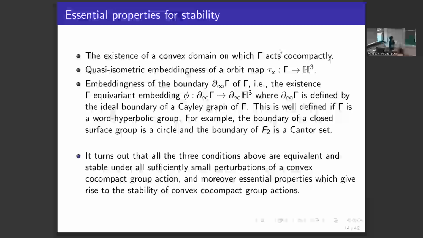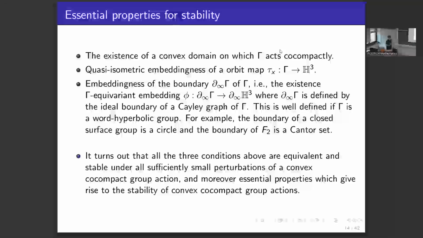The third is the embedding of the boundary of the word hyperbolic group gamma. So what is the embedding of the boundary? If you have a word hyperbolic group, then its Cayley graph is delta hyperbolic, right? Then you can define the ideal boundary of a delta hyperbolic space because it has negative curvature geometry. And the boundary is well defined up to the choice of generators. Because if you define the Cayley graph, you have to choose the generators, right?